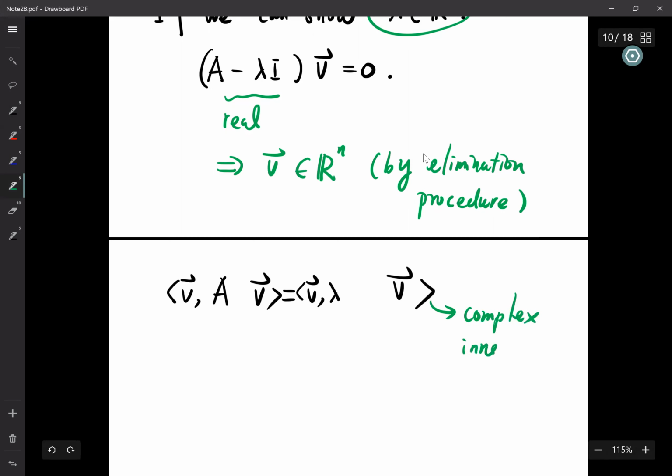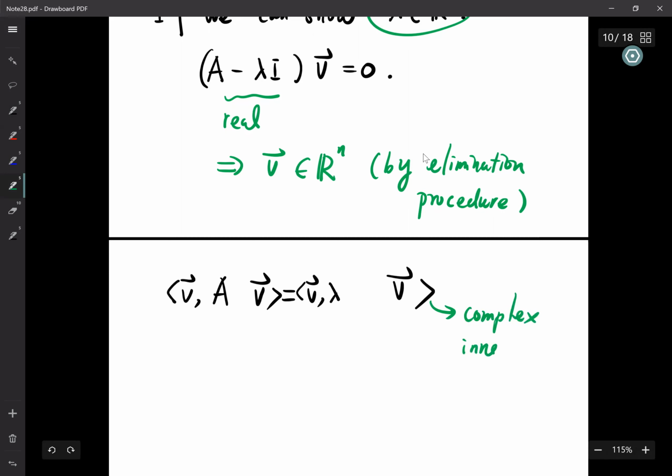Good. So now I apply this rule to this. I need to reverse the order. So I start from this one. I have v star come here. Okay, so this v star is not this one, but come here.